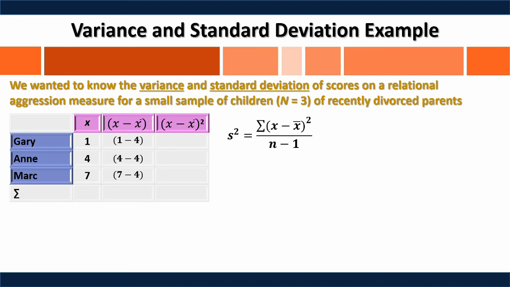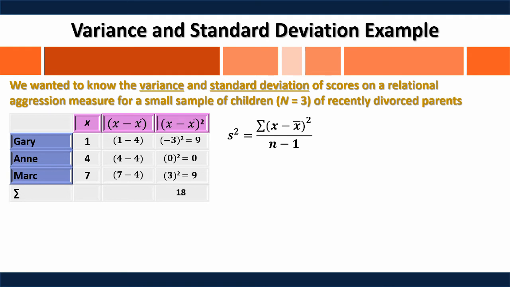For Mark, the component inside the parentheses would be +3. You then square these differences. So for Gary, -3 squared is equal to 9. For Anne, it would be 0, and Mark would be 9. You add all of these products up to get 9 plus 0 plus 9, which is equal to 18.